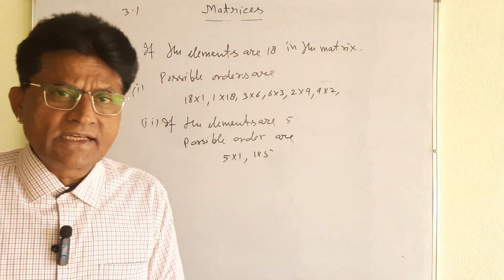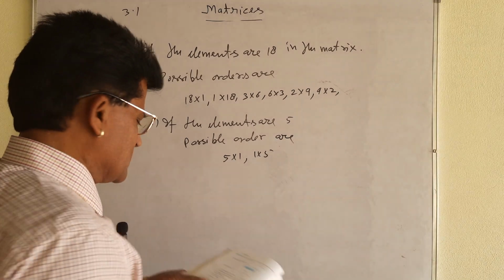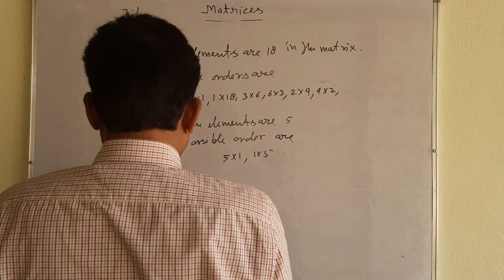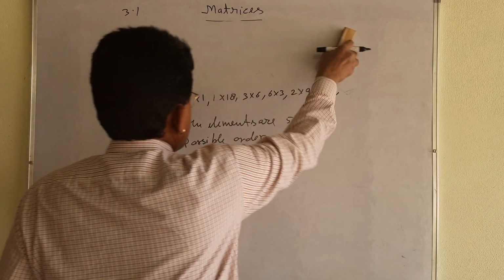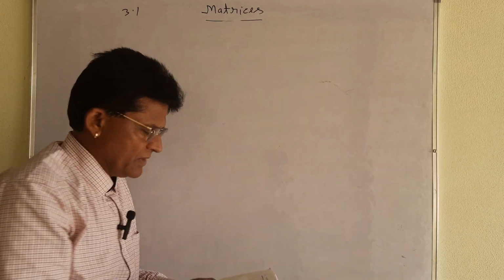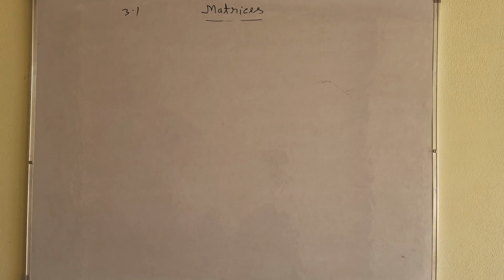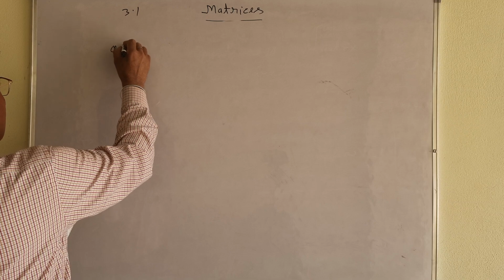I told you the basic things related to matrices. Let me take the important thing which generally comes in the examination. I'm taking question number 4 first from your exercise. Be careful, as we are discussing a very important part of your mathematics.